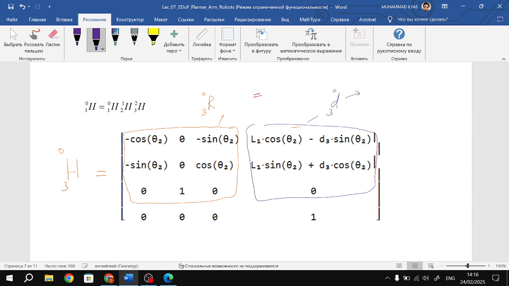So what is the meaning of this? What is the physical meaning, what do you understand from this? This D 3 to 0 shows the position of the end-effector relative to the base.